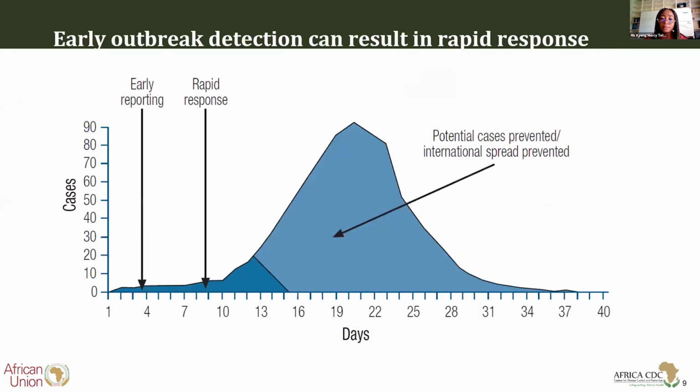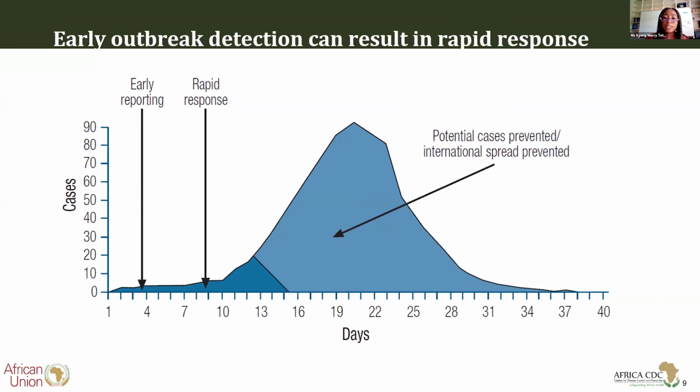Next slide, please. So this is just to show us what an outbreak cycle would look like. If there's an outbreak and nothing is done, you will still follow this cycle. But of course, it will either kill all the people in the community, or maybe at the end of the day, people get immunized and get some immunity to be able to overcome the threat.